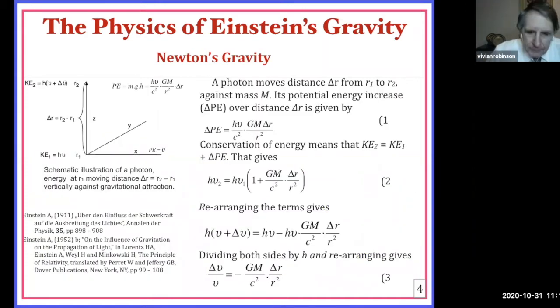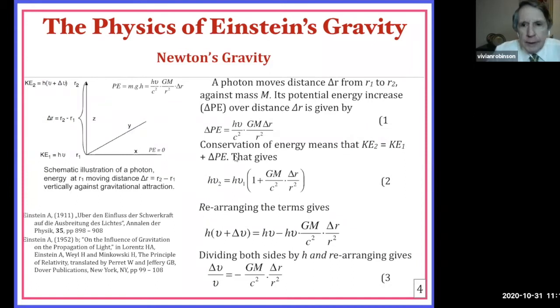A photon moving distance delta r from r1 to r2 against mass m: its potential energy, mass times gravitational field times height, becomes h nu over c squared, which is mass times GM over r squared, the acceleration due to gravity, times delta r.